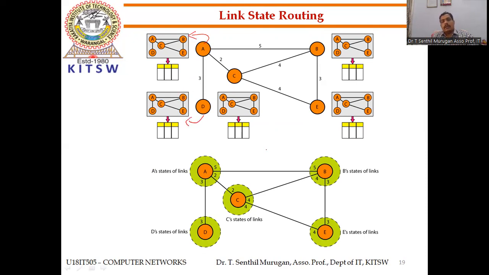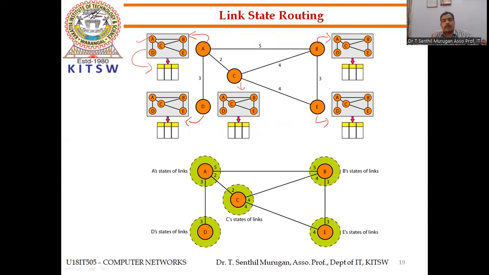Node D is also maintaining the same structure. E is also maintaining the same structure. And B is also maintaining the same structure, like C also. So what will it do? It will take the structure and prepare the routing table. In this table is the minimum or shortest path from one node to all other nodes.